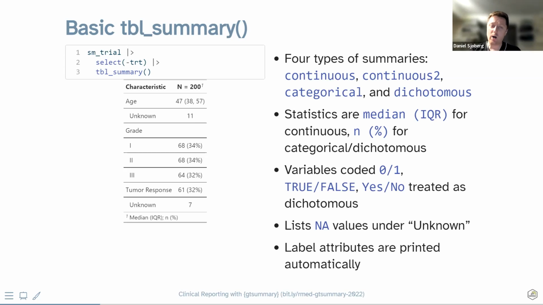So how did we get a nice table without telling TBL summary anything about our data? So you can see the first row here, age. We're reporting the median and the interquartile range. So what TBL summary did, it said, okay, well, you haven't told me what to do with age, so I'm just going to do my best to guess. So I see age has a lot of unique values, it's numeric, and it has some spread to it.